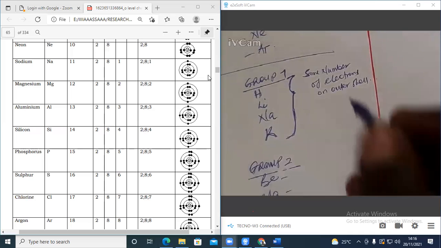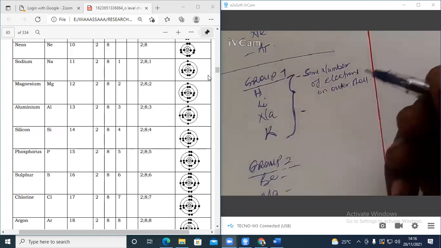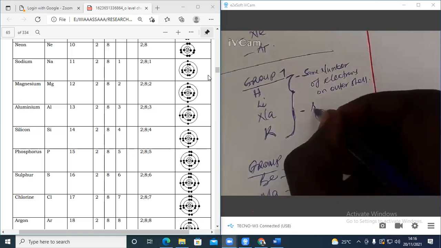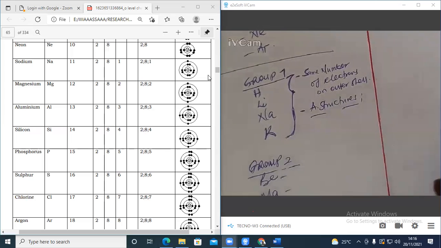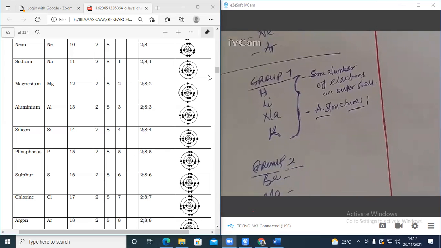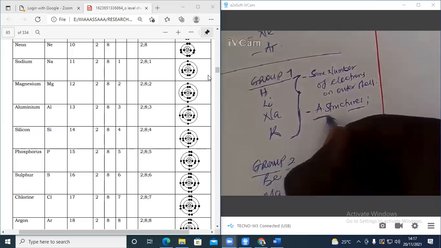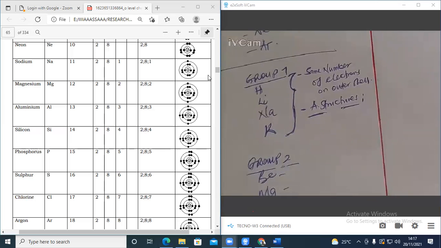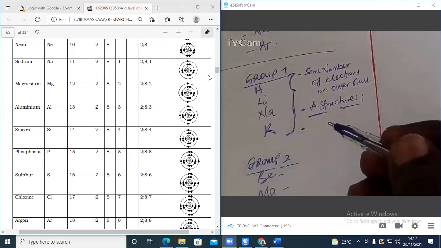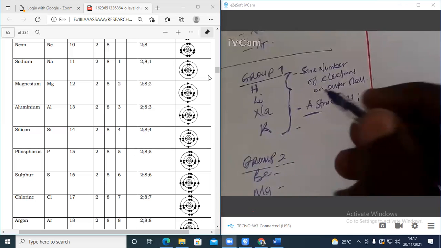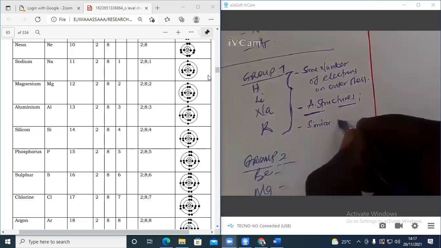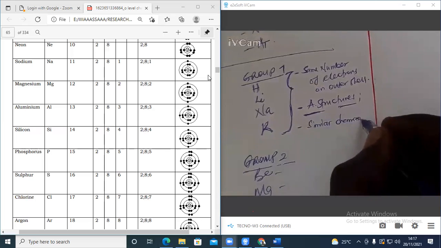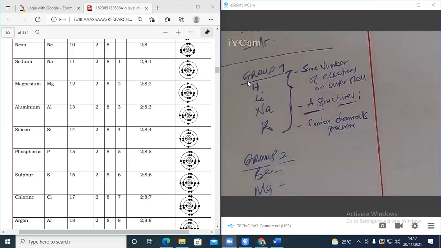I'm saying that they have different atomic structures. Okay, that is an observation. They have similar chemical properties. That's another observation somebody has made.